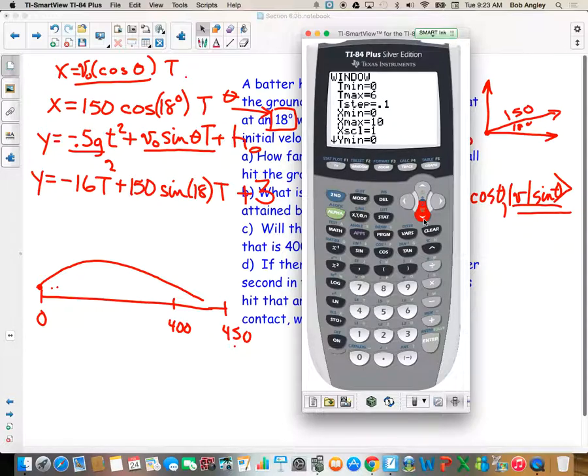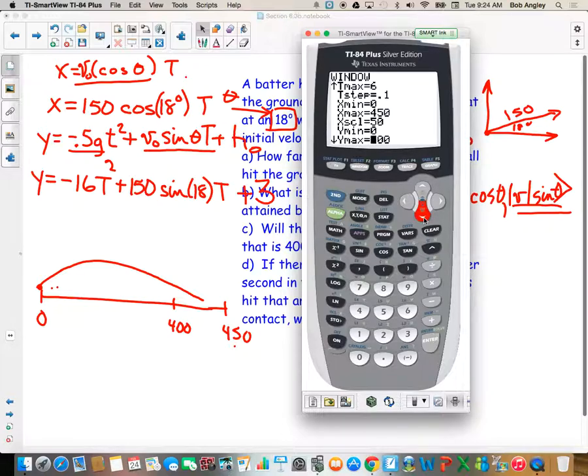Okay, now on this one, because of wording that's on down in the problem, we're talking about hitting it across the fence at 400 feet. So we want to put in 450 here. All right, a good scale would be 50, because that way we'd get a tick mark at 400 and at 450. And then for the y min, it's 0.